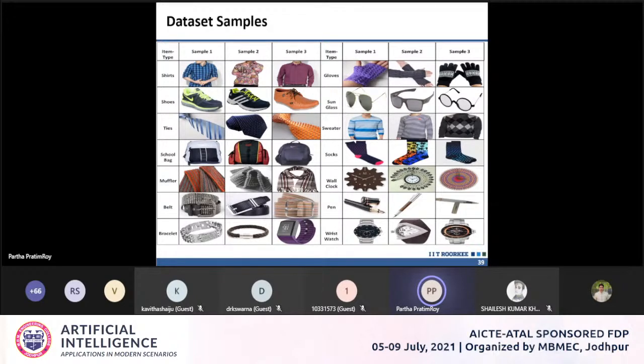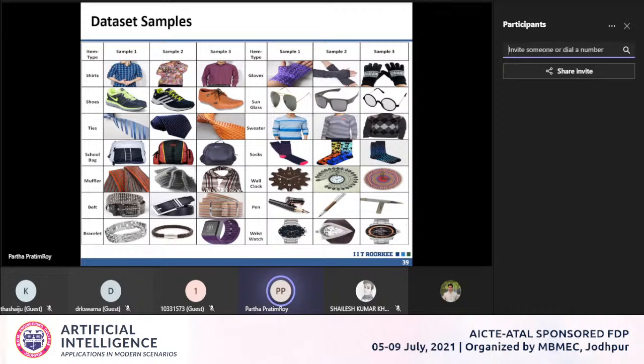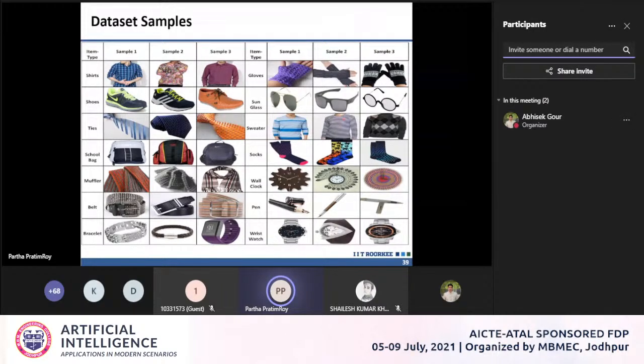Each product has different samples. For example, the chart has 3 different designs, and from these different products we want to know whether he is interested in the product or not.